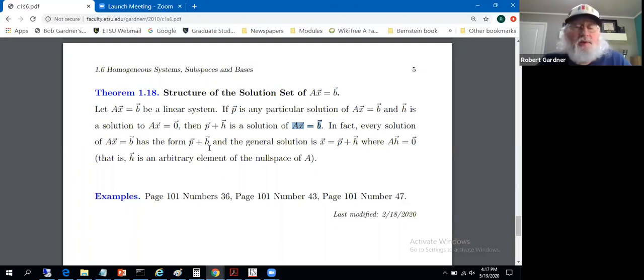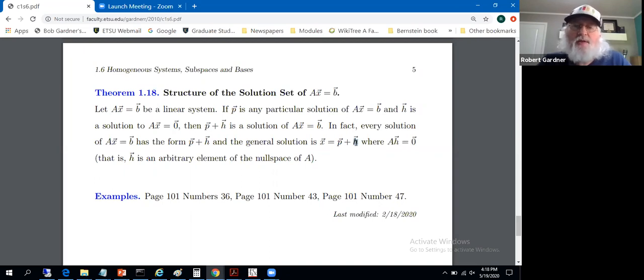And the general solution to Ax equals b is x equals p plus h, where Ah equals 0, that is, h is an arbitrary element of the null space of A. Remember, all such vectors h form the null space of matrix A. Every solution can be written in the form x equals p plus h. For this particular solution p to Ax equals b, plus, think of it as adding, in a sense, as oddball notation.